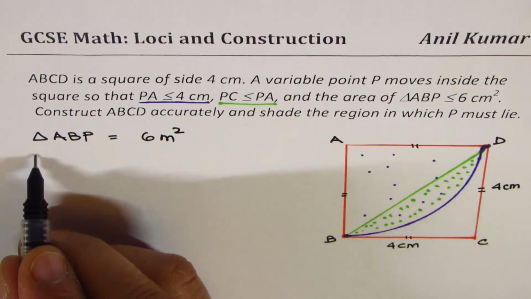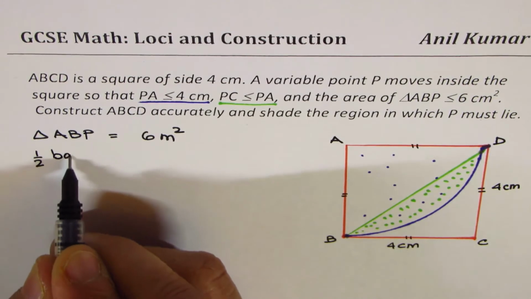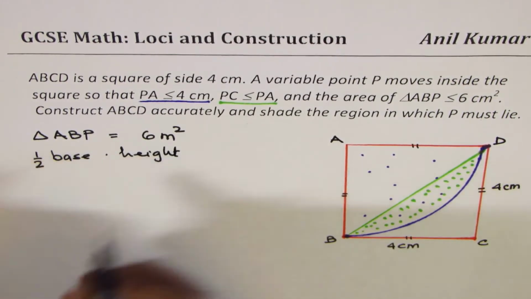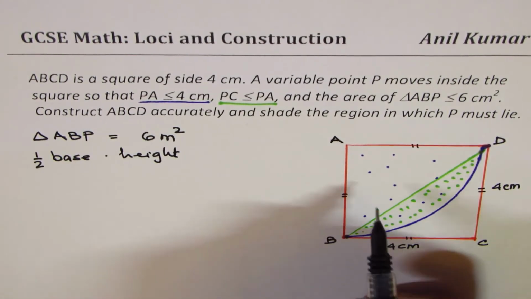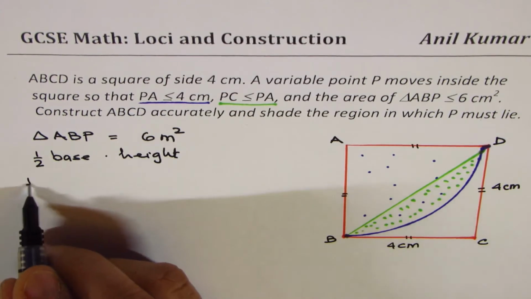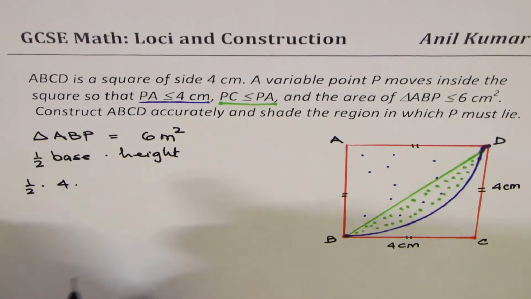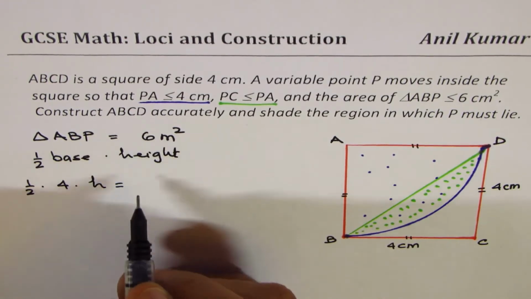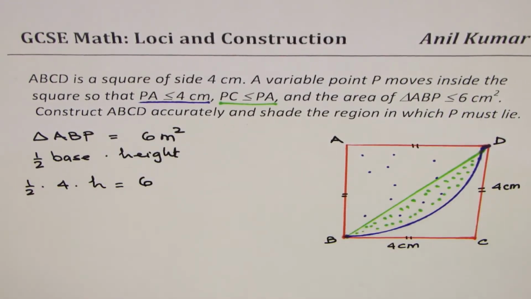Now what is area? Area is half base times height. Correct? So base is 4 centimeters. Since we are looking for this to be the base, we know this is 4 centimeters. So it is half of 4 times height. We don't know what it is. However, it should give us a value of 6. That is what it means.